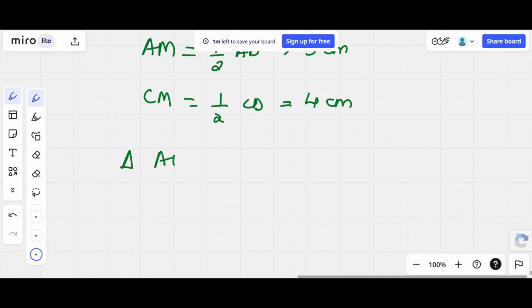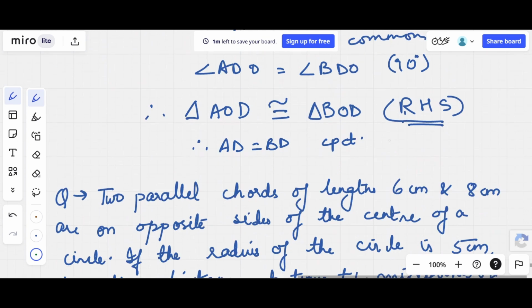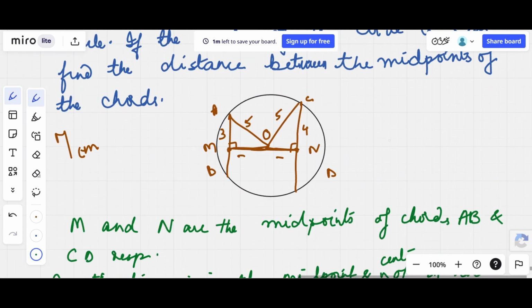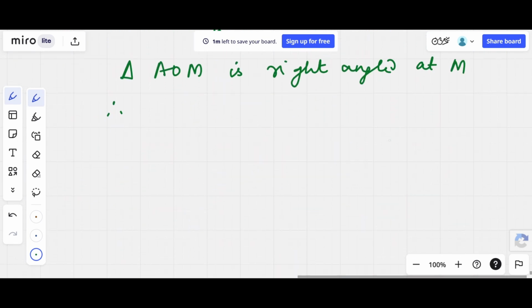Triangle AOM is right angled at M. Therefore, OA square equals AM square plus OM square. Am I correct?